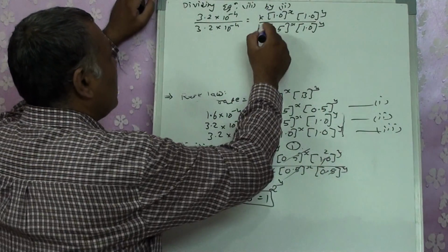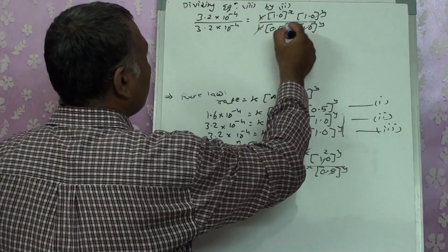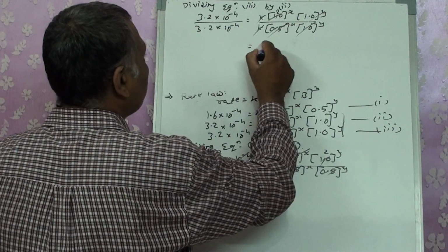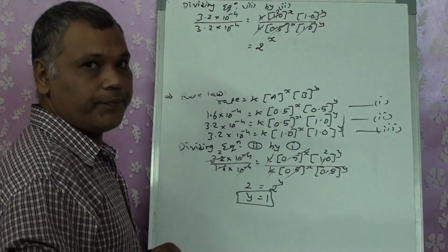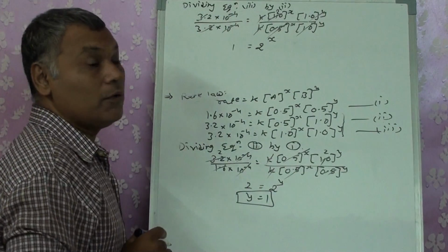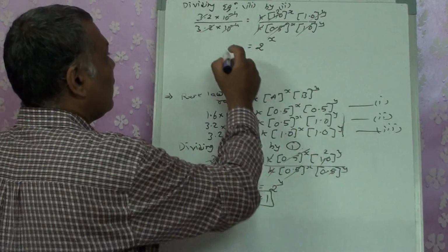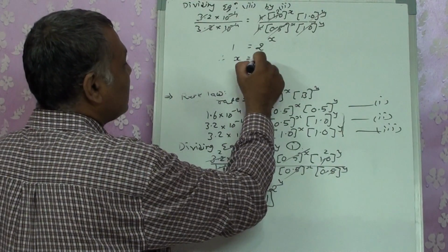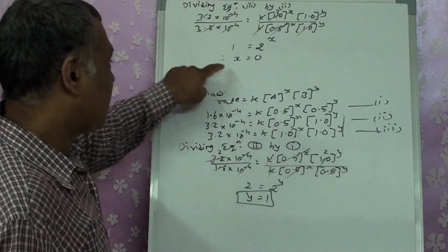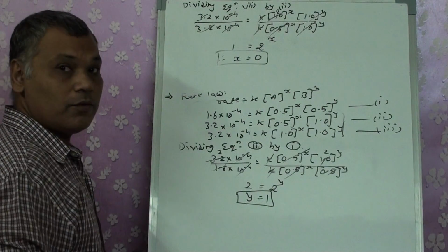Now again k is cancelled out, this term is cancelled out. If I remove the decimal, I get 2 raised to x here too. But here we are getting 1. Any number raised to 0 is 1, we know it, and therefore x equals 0. So we got x equals 0, y equals 1.